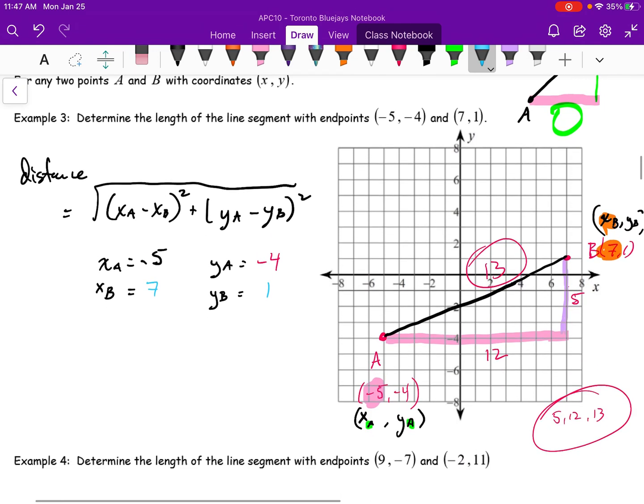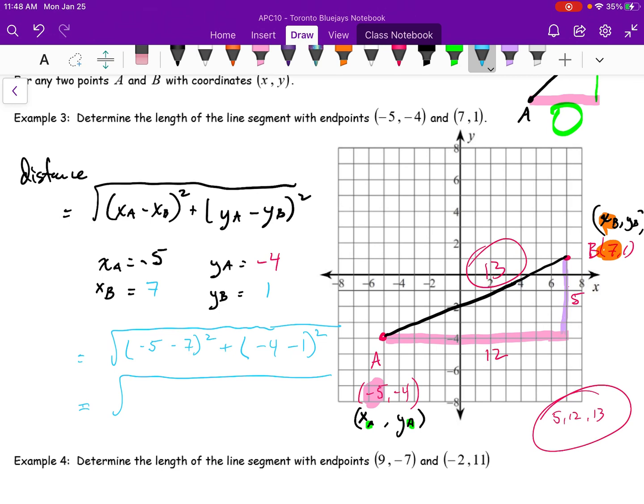So just using the distance formula, I'm going to plug it in. Distance is equal to the square root of (-5 minus 7) squared plus (-4 minus 1) squared. What I get is (-12) squared plus (-5) squared, all taken the square root.